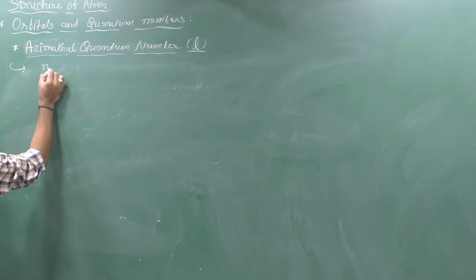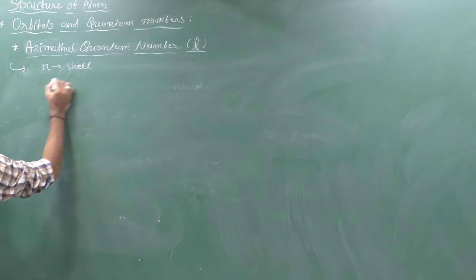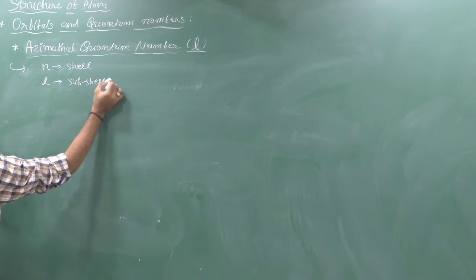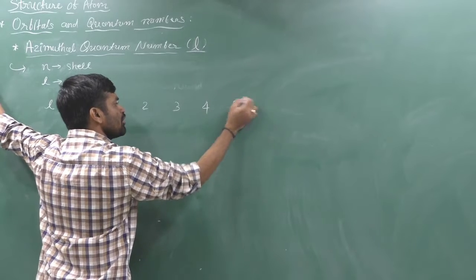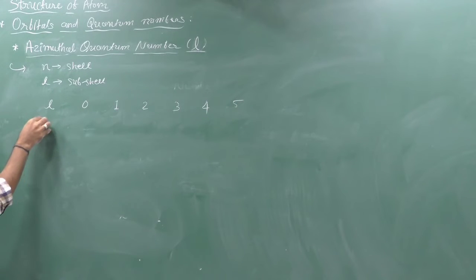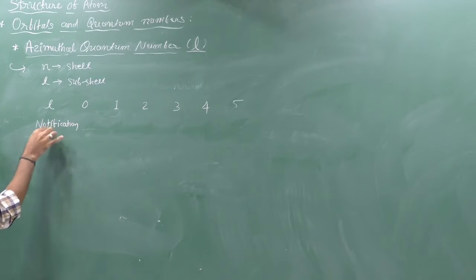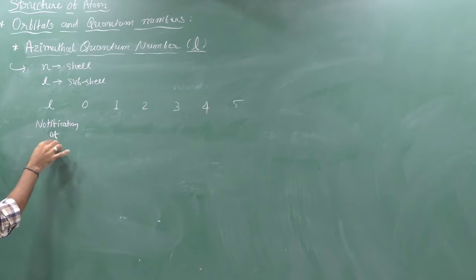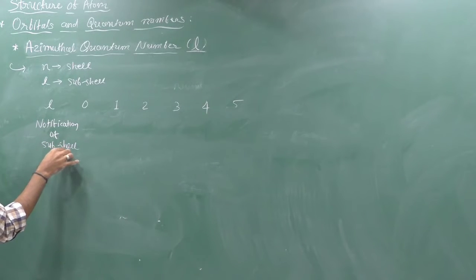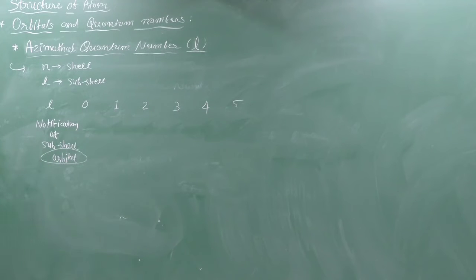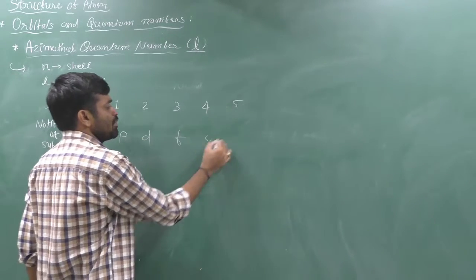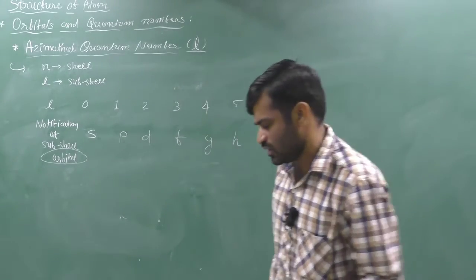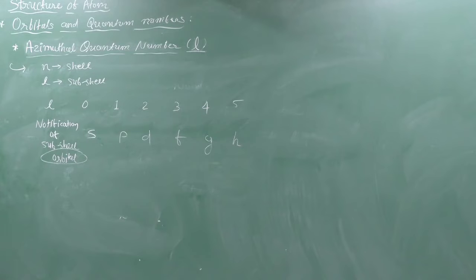Suppose we said that with n you can tell which shell it is, right? In the same way, with L you can notify the subshell. It means that if L is equal to 0, 1, 2, 3, 4, 5, then the notation of the subshell, meaning the orbital, is s, p, d, f, g, h, and so on, but we can think up to 5.